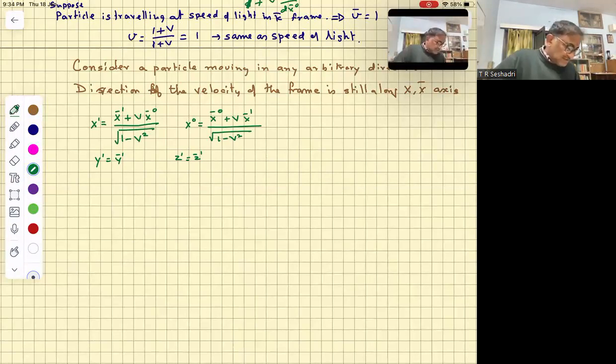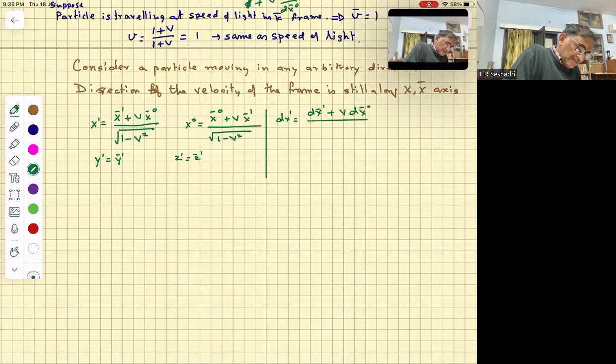This is just a transformation from one coordinate system to another. So if there is a small differential, then as before, dx1 is equal to dx1 bar plus v dx0 bar divided by square root of 1 minus v square. dx0 is equal to dx bar 0 plus v dx bar 1 divided by square root of 1 minus v square.